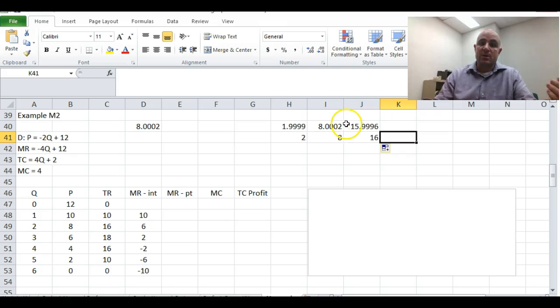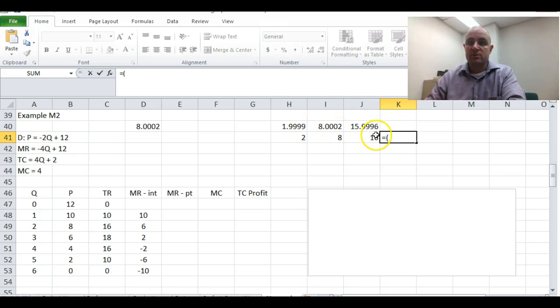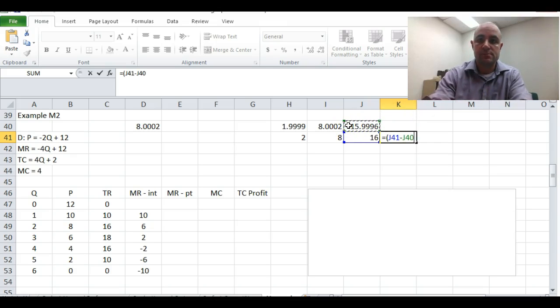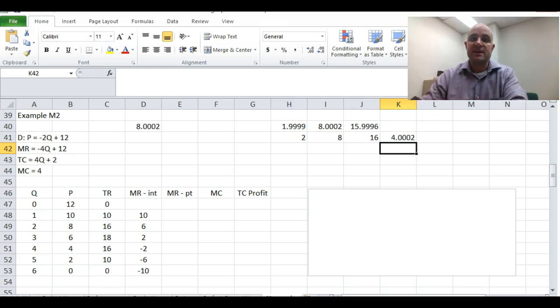So instead of looking at it by 1, we're going to look at it by 1 10,000ths of a point. So the change in total revenue, 16 minus 15.996, divided by the change in output, 2 minus 1.999, and that's where you see it's going to get closer to 4.002, which is closer to 4.